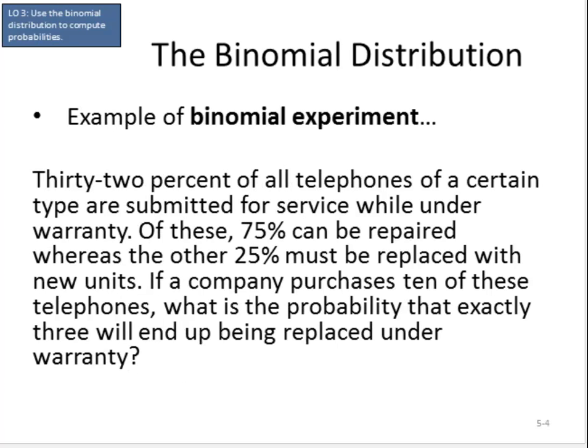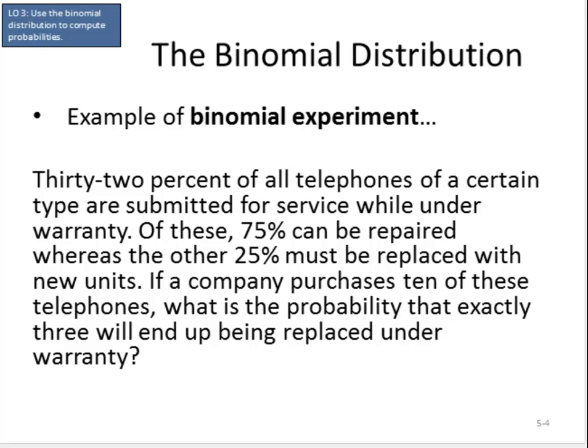So let's go through an example. It says 32% of all telephones of a certain type are submitted for service while under warranty. Of these 75% can be repaired, whereas the other 25% must be replaced with new units. If a company purchases 10 of these telephones, what is the probability that exactly 3 will end up being replaced under warranty?